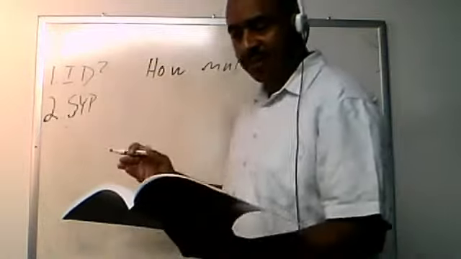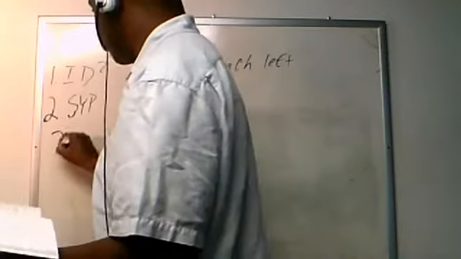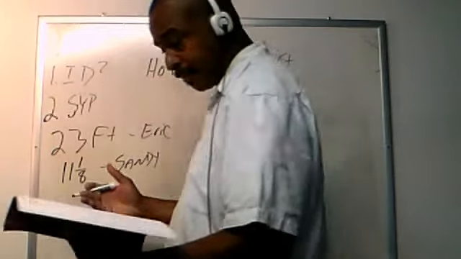Then you got to state the facts. So Eric's 2x4 was 23 feet. Okay, that's Eric's piece. And then he gave Sandy 11 1/8, so that's taken away. Okay? And then he gave Victor 6 3/5.